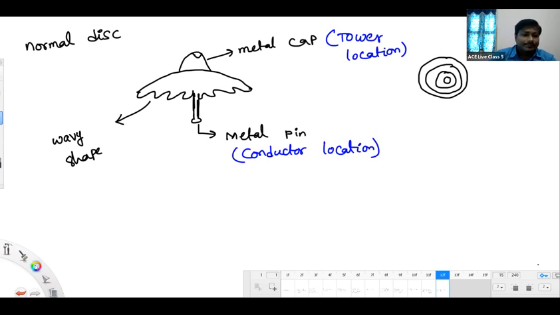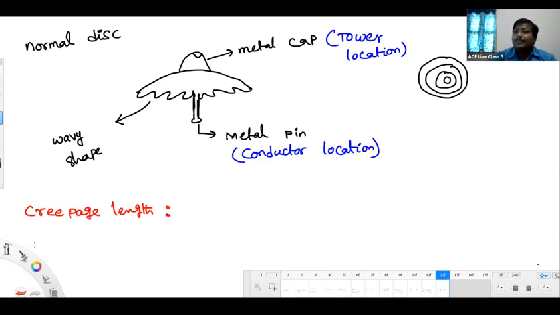Next, we have a term called creepage length. A very simple term. Just observe the words I am saying.